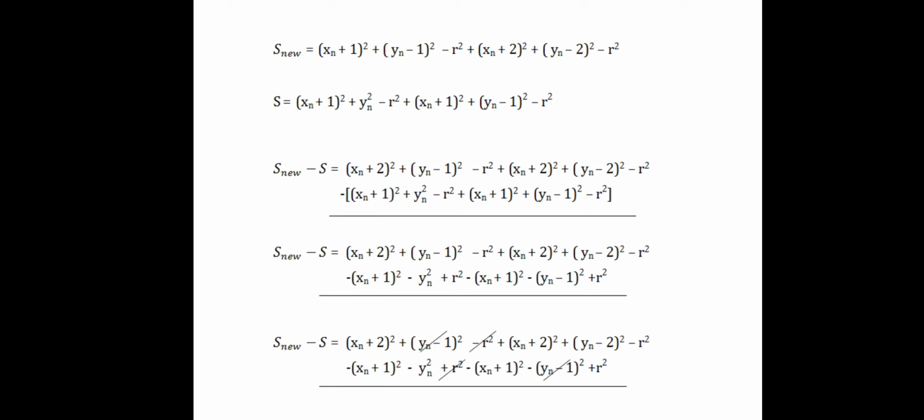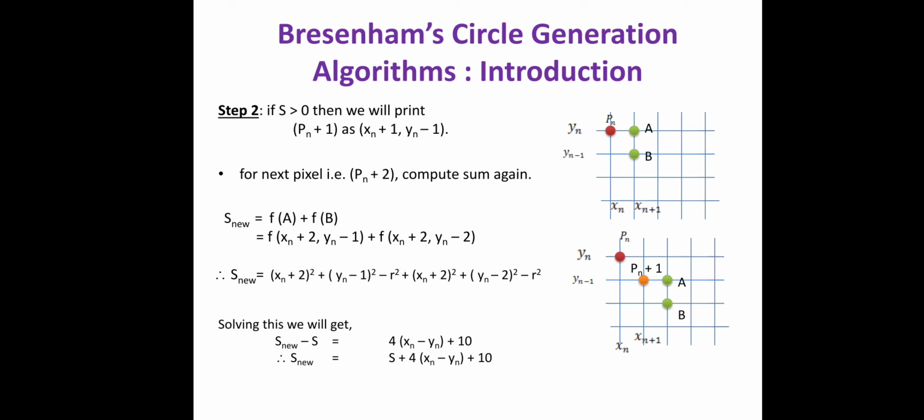Many terms get cancelled over here, and after solving all the terms in the bracket, we get the next equation as S plus 4 into xn minus yn plus 10. Initially we get S nu minus S as 4 into xn minus yn plus 10, but I just want the new S, so I will take this S on this side as a positive S. So these are the two cases.